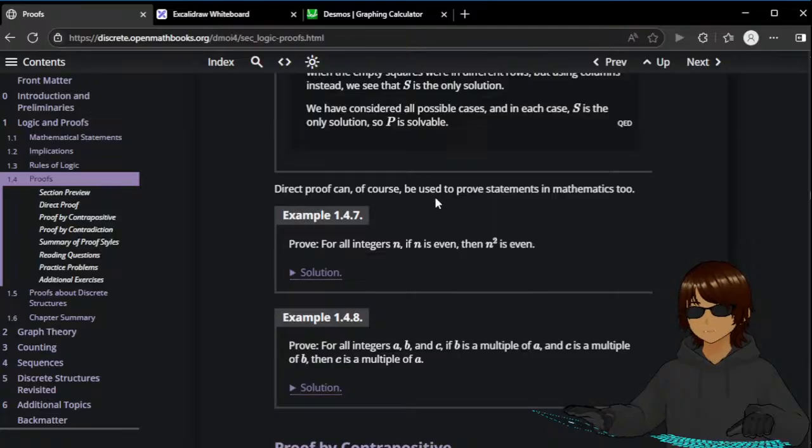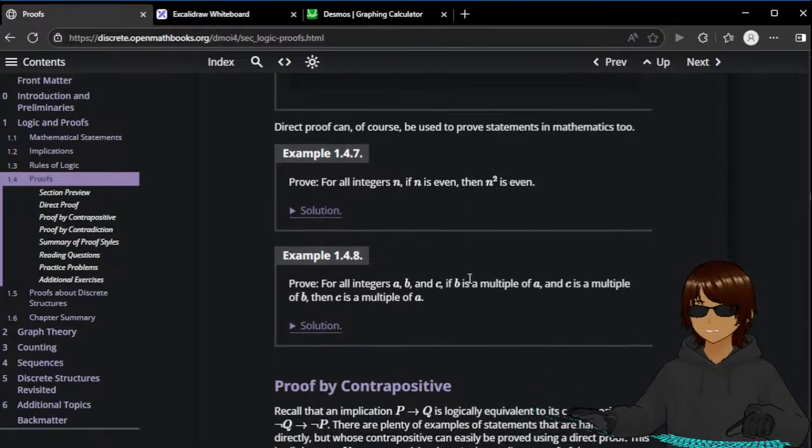Direct proofs can of course be used to prove statements in mathematics too. For all integers n, if n is even, then n squared is even. We write n as 2k, and then we are left with 4k squared, which is even.